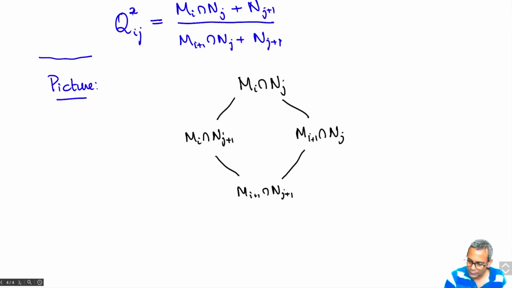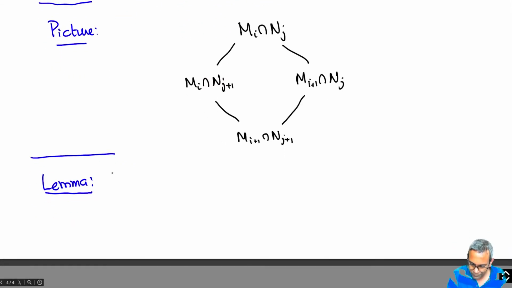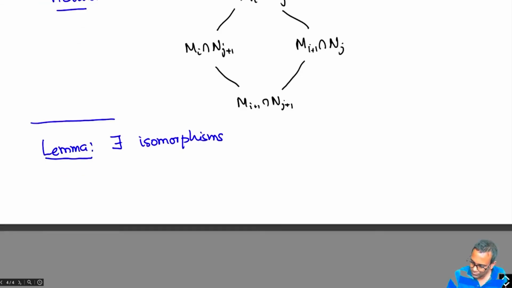Now it turns out that both these quotients are coming from this picture. What they capture is actually you take this module mi intersect nj and you go modulo everything that comes from here. So let me just make that statement. Lemma: there exist isomorphisms, which I will construct in the proof.